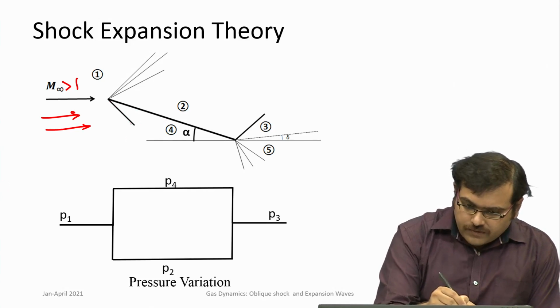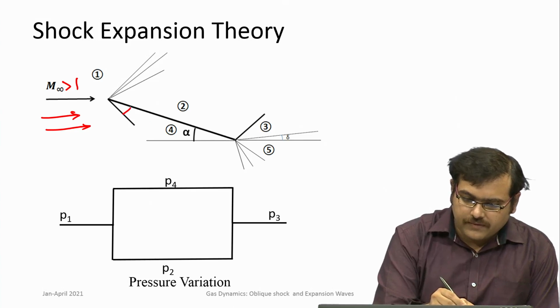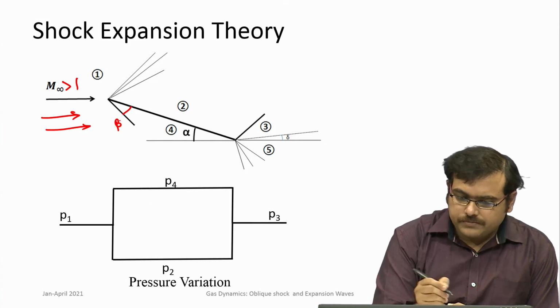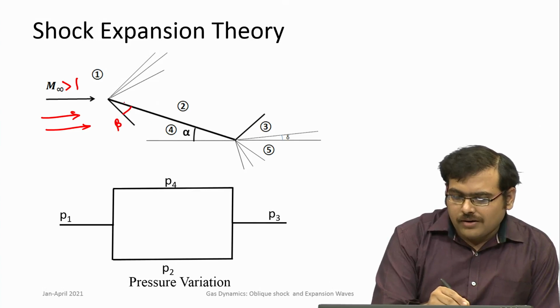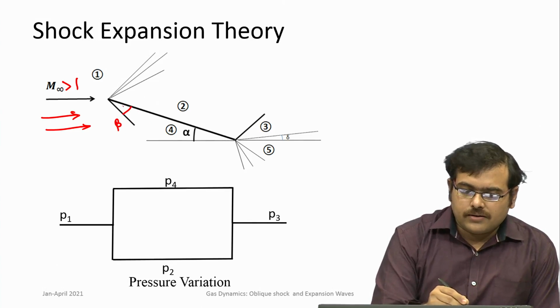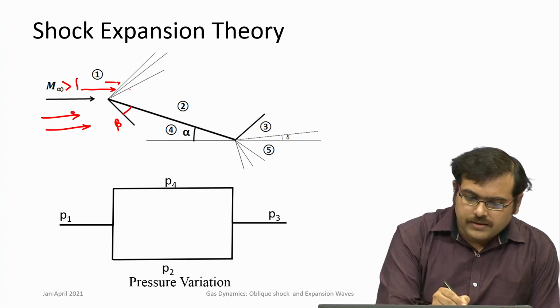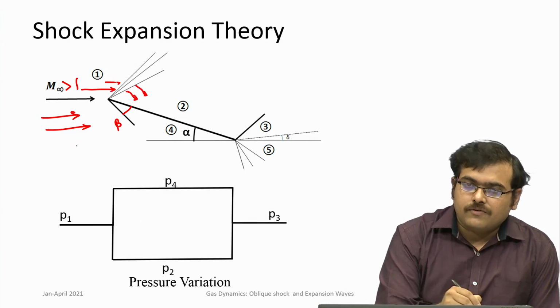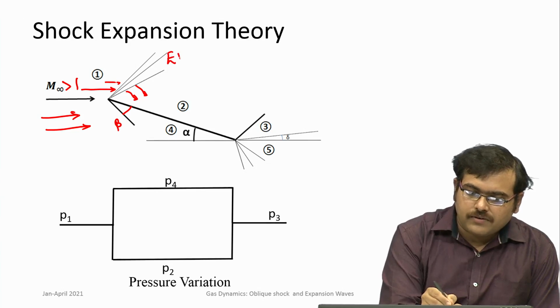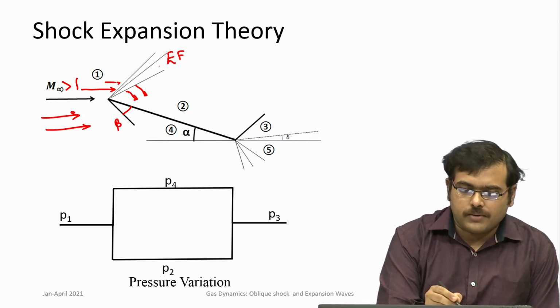So, a shock wave forms at this point, and this shock would have an angle beta, while on the top surface, all the streamlines coming on the top surface are turned away from the flow. So, you have an expansion fan or expansion waves formed here.